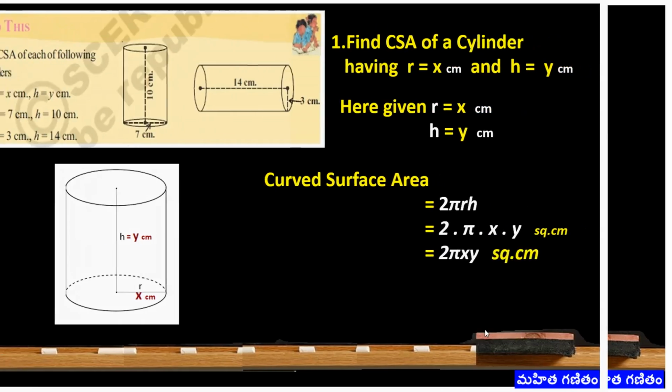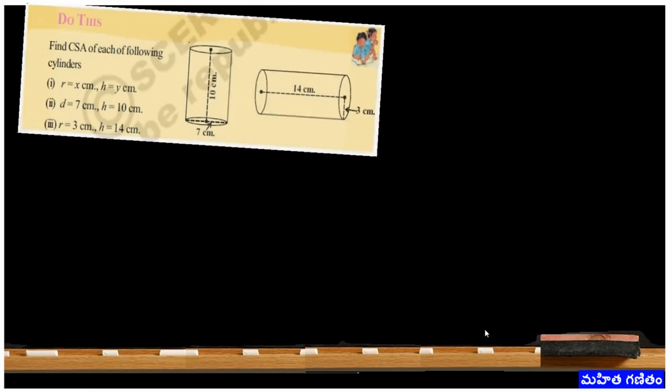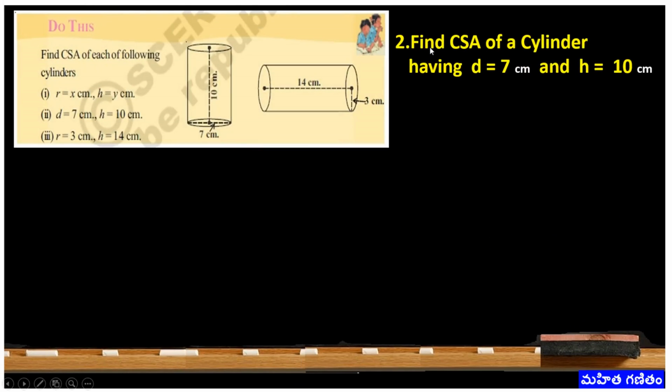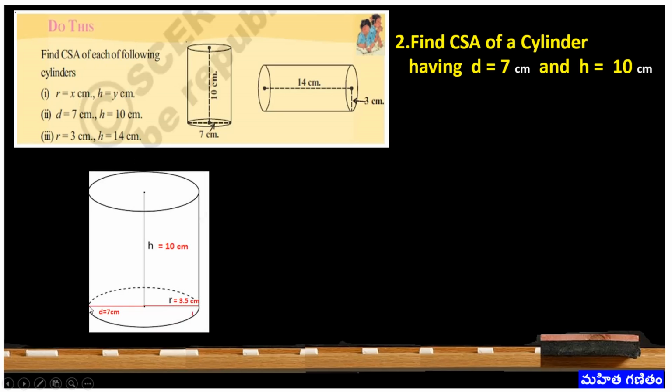First problem is over. Take the second problem. Find the curved surface area of a cylinder having diameter 7 centimeters and height 10 centimeters. Here the radius is not given, the diameter is given. Diameter is double the radius.